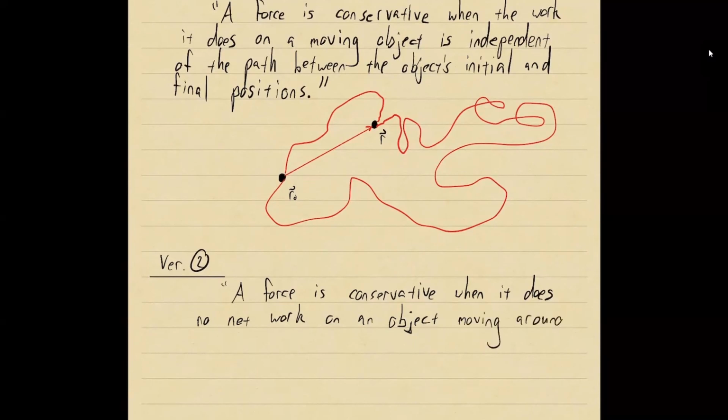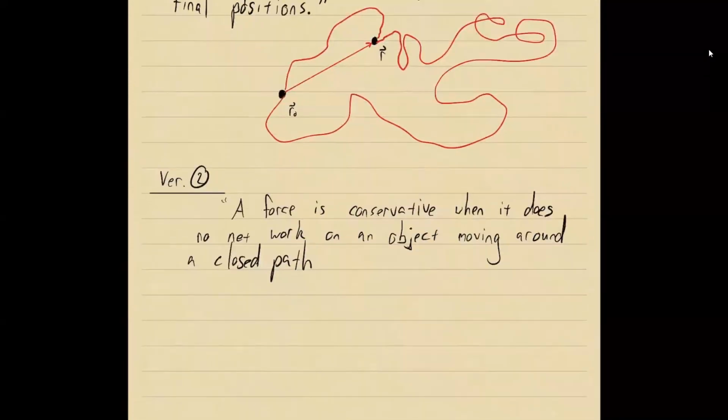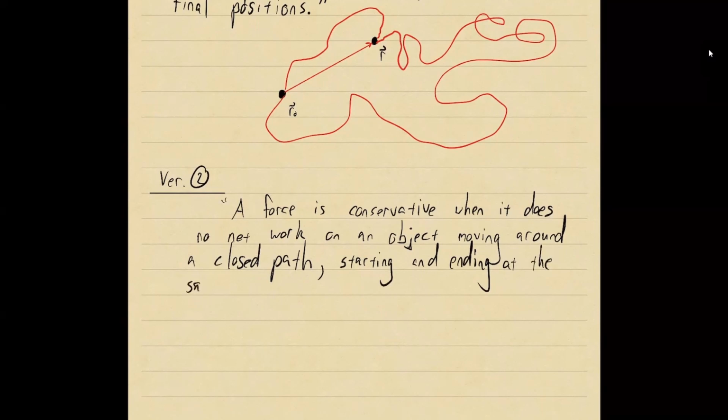A closed path is one starting and finishing at the same point. So that's the definition of a closed path. It's when something starts and ends at the same spot, starting and ending at the same position.